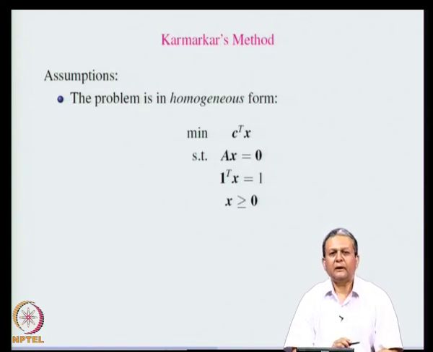Okay. So, the first assumption that Karmarkar's method makes is that the linear program is in homogeneous form. So, you will see that in the constraints there is no b involved here on the right side of this system of equations. So, we have the linear objective function to be minimized subject to A x equal to 0, and this 1 is a vector of all ones. So, the sum of all elements in x is 1 and x is non-negative.